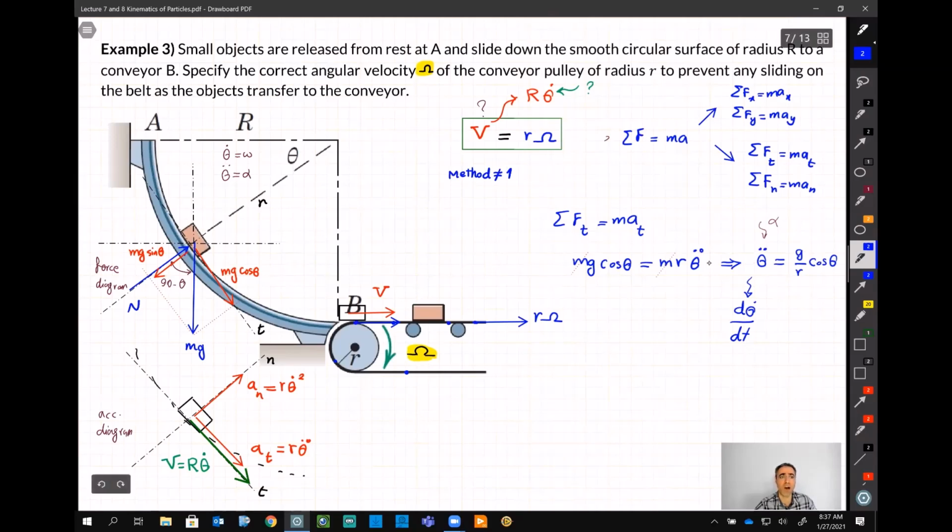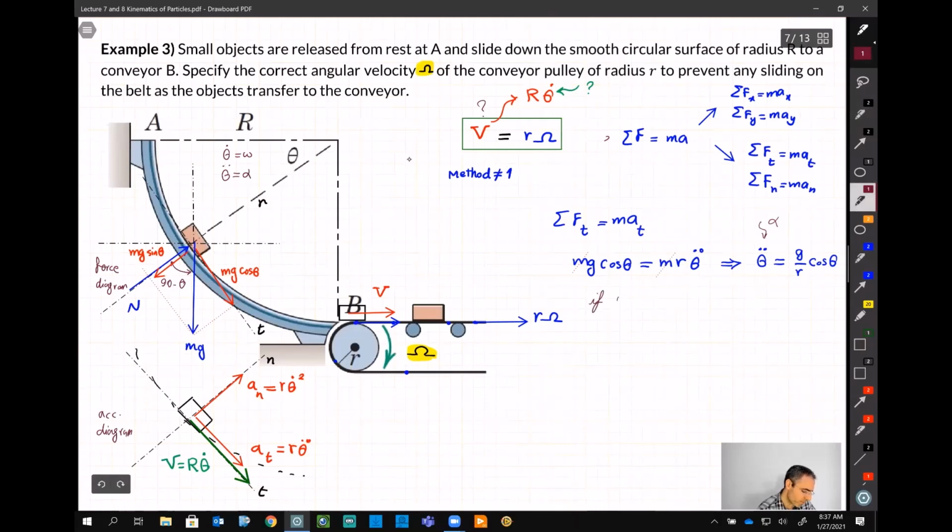Like I need to know how long it takes to get from A to B. And we'll see in this question, there is no sign of time. So I'm going to write it down here for those of you who think, okay, let's just do an integral and find theta dot.